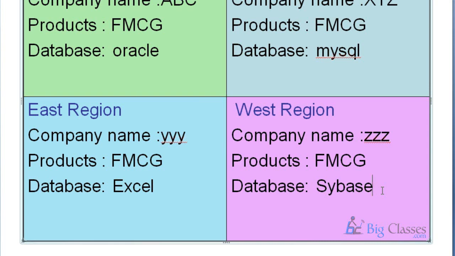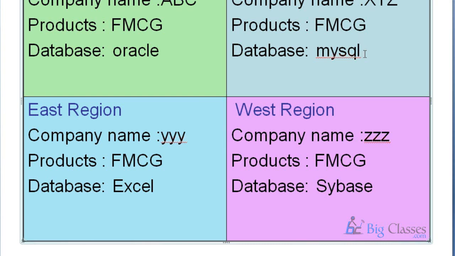As higher management, if I want to improve my business, I need to make key decisions. To make key decisions, I need to analyze my historical data. If I make a decision based on the analysis of historical data, obviously my decision will be perfect and the business will improve. But here I have 4 different databases: Oracle from South, MySQL from North, Excel from the East, and Sybase from the West.